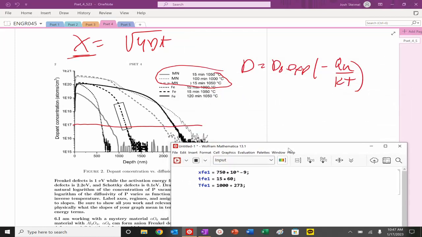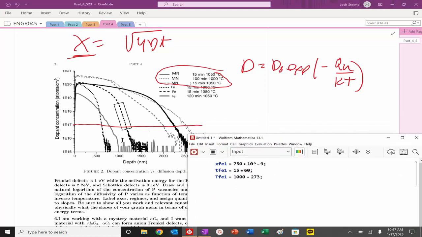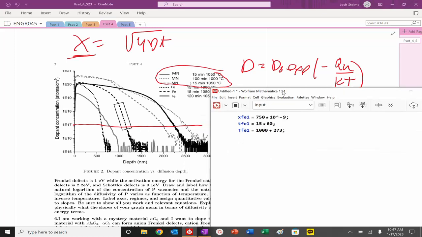We can now pick our second crossover point, and that looks to be iron at about, let's say, X_Fe2 is equal to 1250 times 10 to the minus 9, and those conditions are t_Fe2 is equal to 15 times 60, and T_Fe2 is equal to 1050 plus 273.